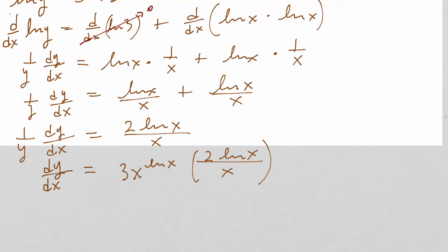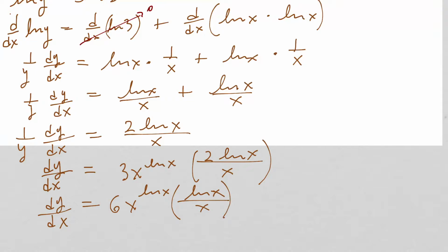All right, so there's not a whole lot we can do to improve that situation. See, we got a 3 and a 2 is a 6. Well, we can do that. We can call this 6x to the ln of x times ln of x divided by x.